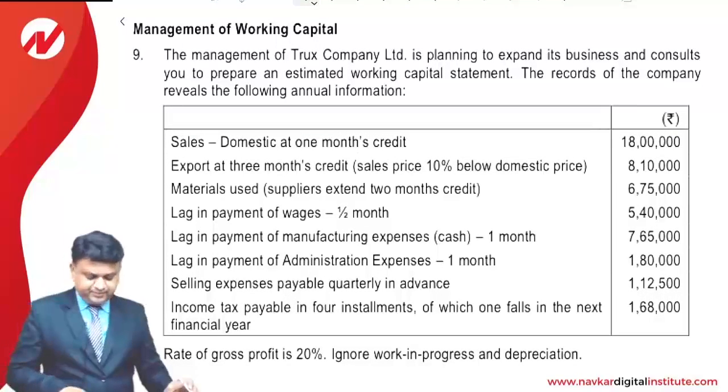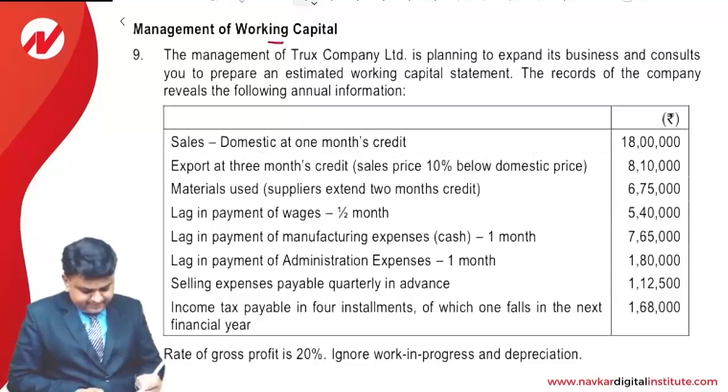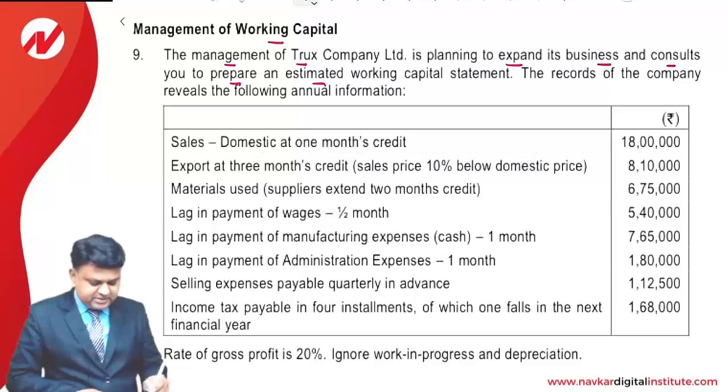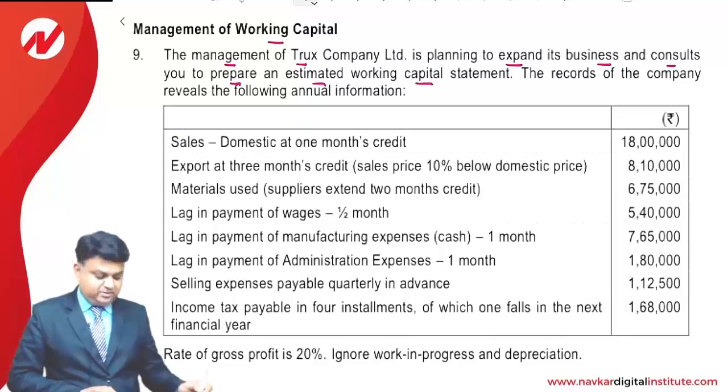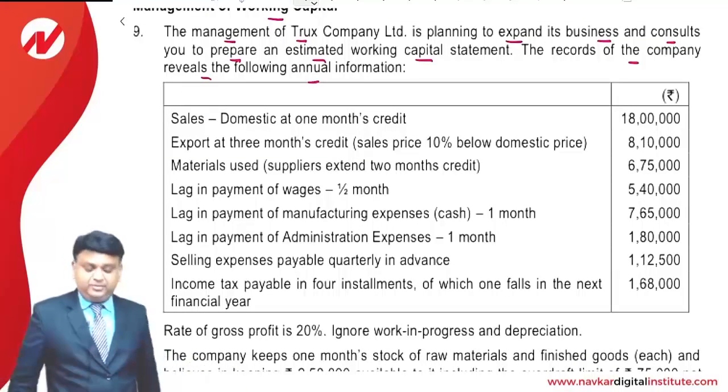Next question. It is a question from the chapter on the management of working capital. The management of Trucks Company Limited is planning to expand its business and consults you to prepare an estimate of the working capital statement. The records of the company reveal the following annual information.